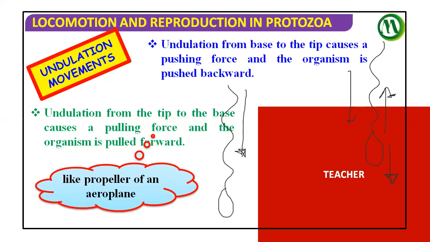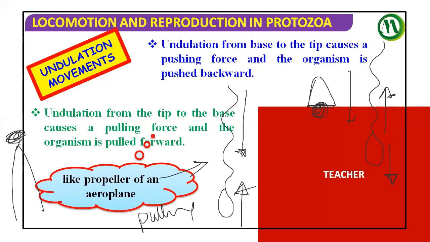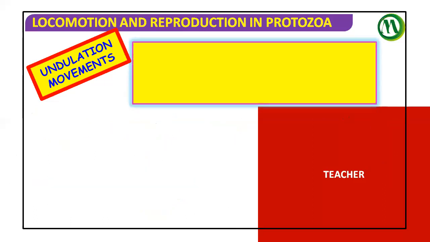The organism is pulled forward, so we call the force a pulling force. It is compared with the propeller of an aeroplane, where the aeroplane has a propeller in front. The other is compared with the propeller of a boat, where recreation boats have the propeller at the back side. So these are the two types of locomotion with the flagellum.